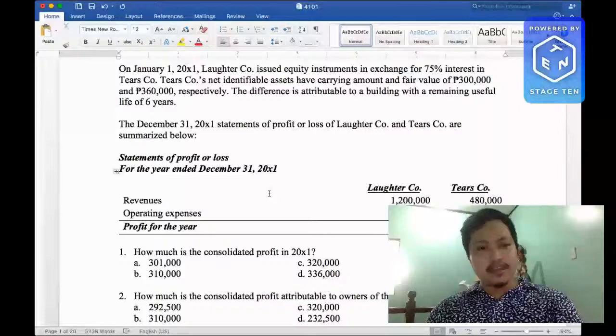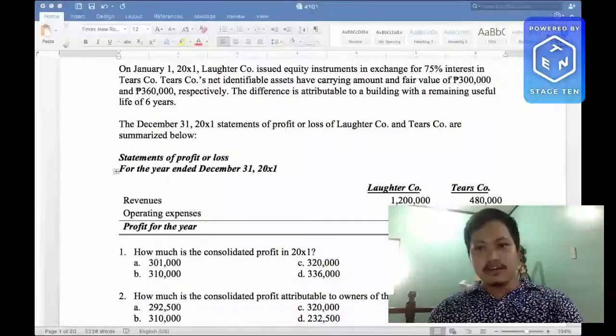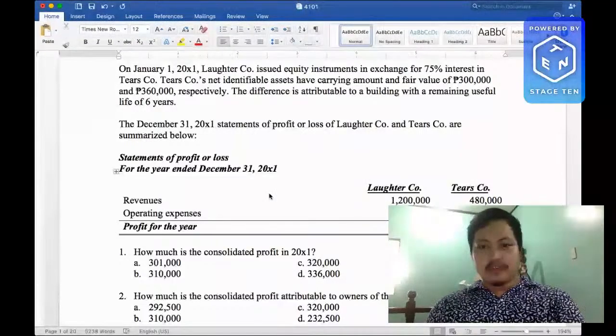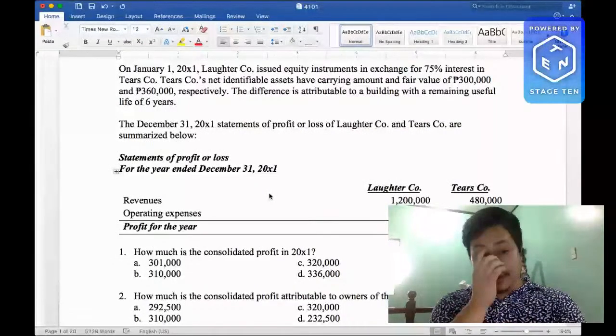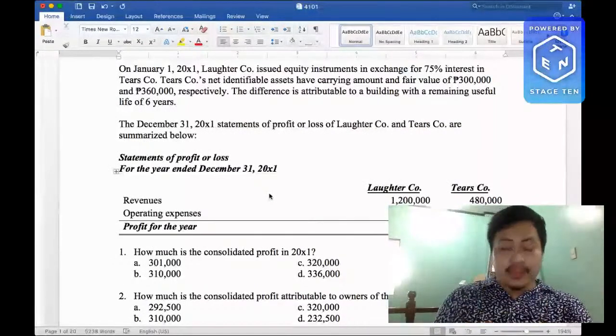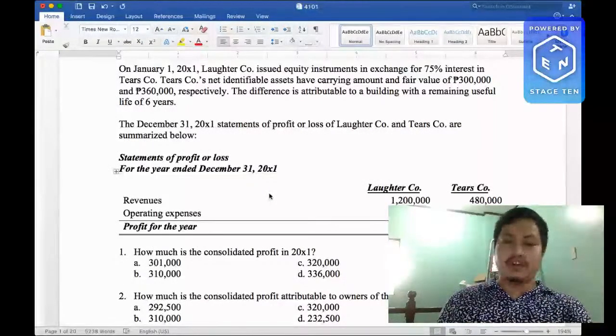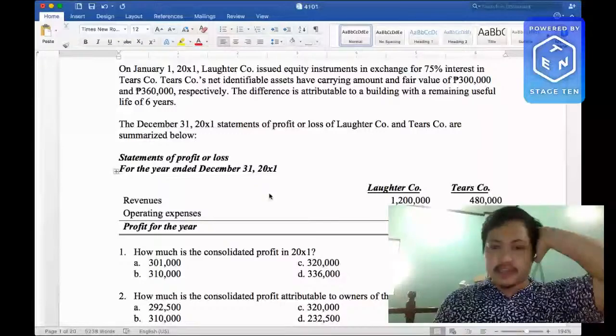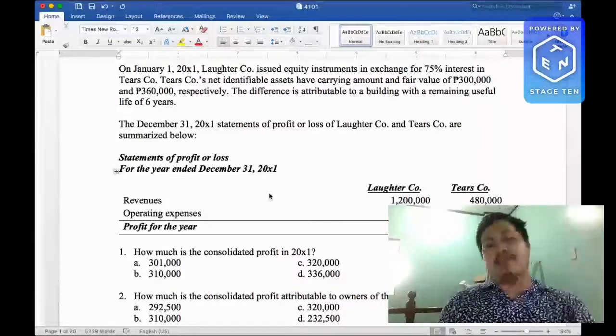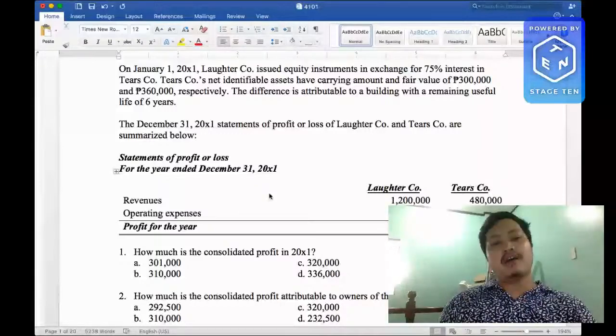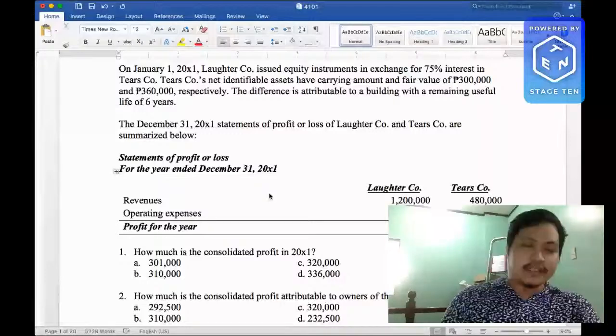The operating expenses are 960,000 and 400,000. Here, class, unlike the previous illustration, there is no mention of any dividend income here, so there's nothing to remove. So we can actually rely already on the income reported by the parent and the subsidiary.